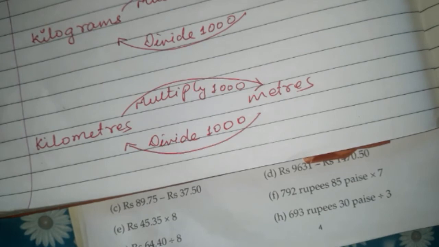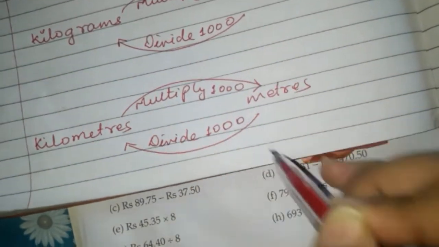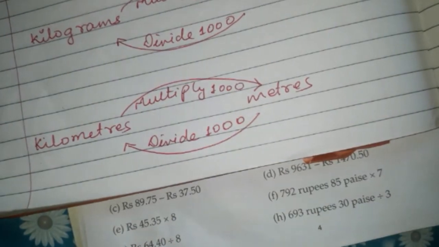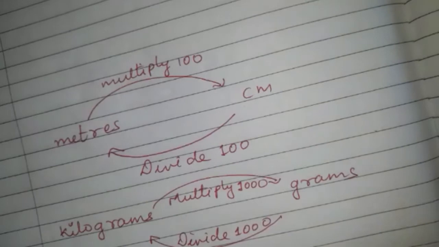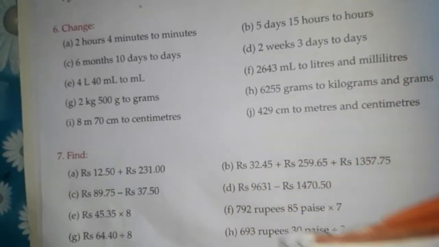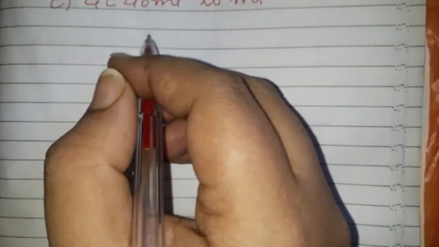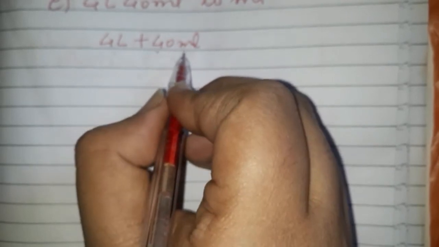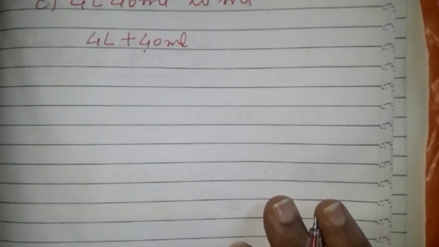We should clearly understand that the converting factor is 1000 here. We have to deal the numbers with 1000. Same it is in terms of liters and milliliters. So when we are converting this 4 liter 40 milliliters to milliliters, first of all we'll separate both the numbers of different units, 4 liter 40 milliliter with a plus sign. This 40 is already in milliliters, so we don't need to convert it.